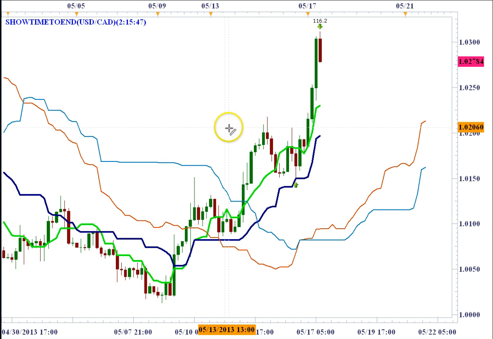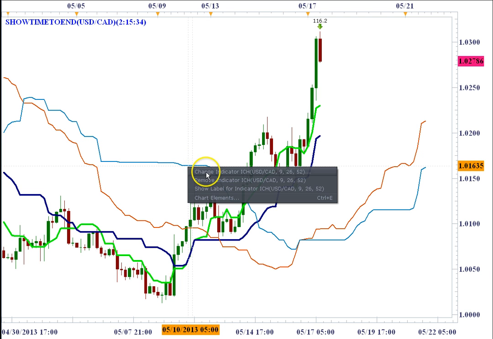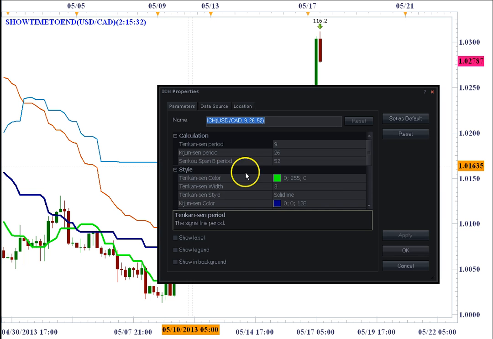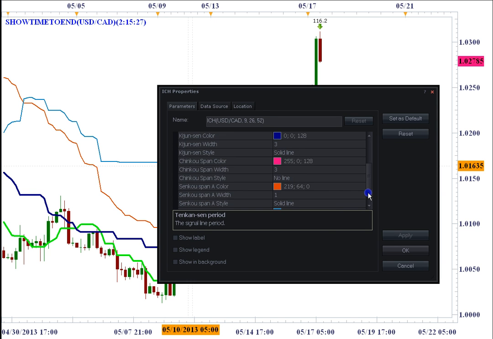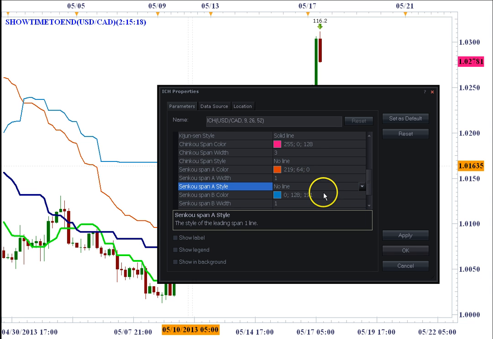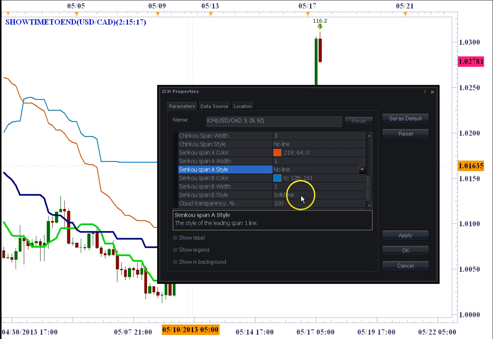Let's add the cloud. And before I add the cloud, I want to take away the spans again, because I want to show you something that I didn't.